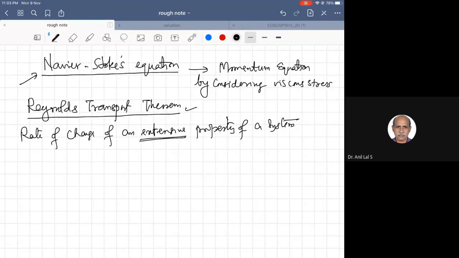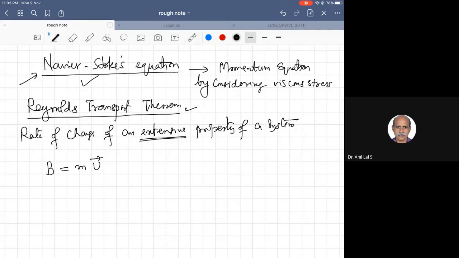The mass of the system is an extensive property. The total momentum of the system is an extensive property. So for deriving the Navier-Stokes equation, we take the extensive property as momentum. Momentum P is equal to mass times velocity.